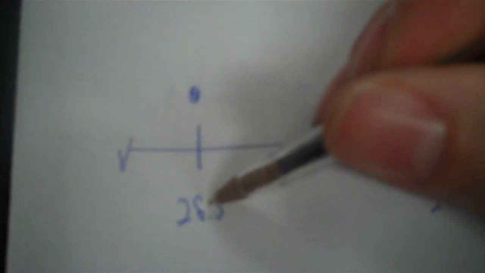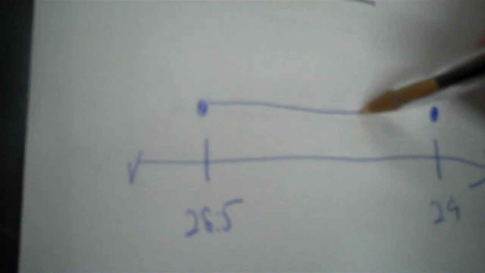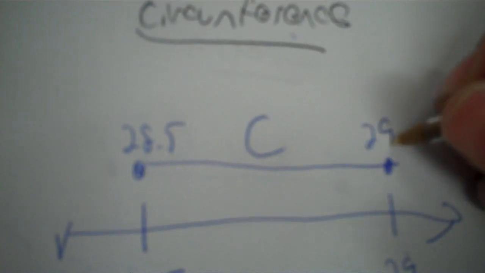So I take 28.75 and add 0.25. That's 29. That's the maximum. Then I take 28.75 minus 0.25, that's 28.5. So use C for your variable. This is the lowest, this is the highest, and anything in between. So C, 28.5, 29.